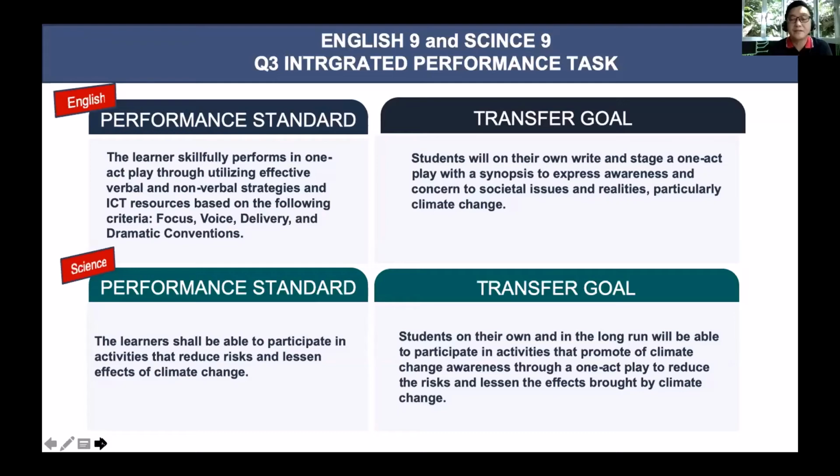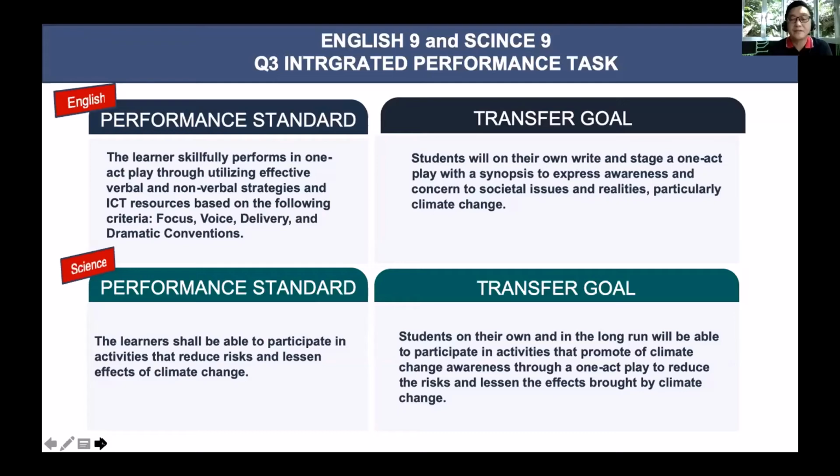And one way of connecting to the world is by becoming aware and concerned about societal issues and realities. For instance, climate change. And look at the transfer goal for Science. Students on their own and in the long run will be able to participate in activities that promote climate change awareness through a one-act play to reduce the risks and lessen the effects brought about by climate change.